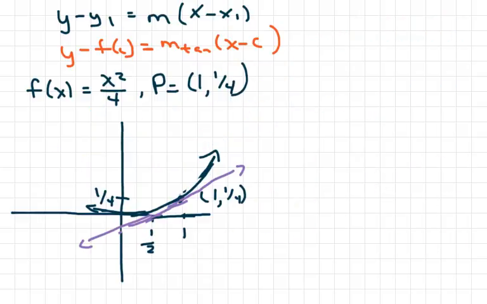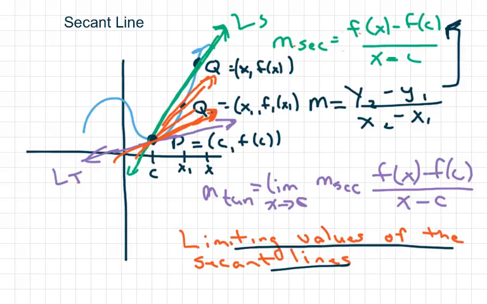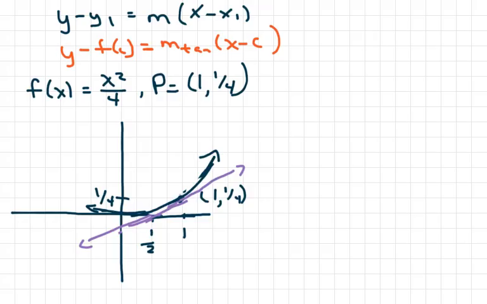So we have the equation of a secant line. We know the slope of a secant, or the tangent line, and we're going to take the limit of this. We're going to put it in point-slope form, which you're familiar with. In this case, we're going to use different notation.